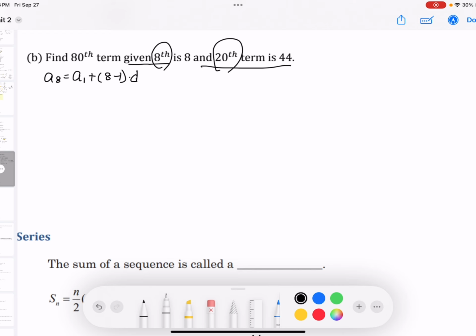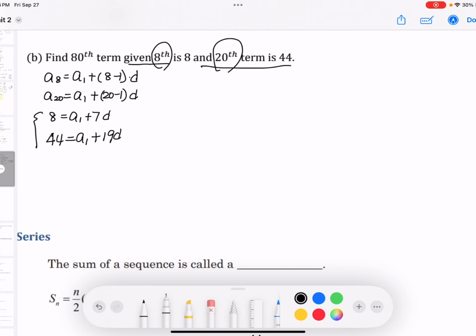And a sub 20 is equal to a sub 1 plus 20 minus 1 times d. Let's plug in a sub 8 and a sub 20, which is 8 is equal to a sub 1 plus 7d. And a sub 20 is 44, is equal to a sub 1 plus 19d.